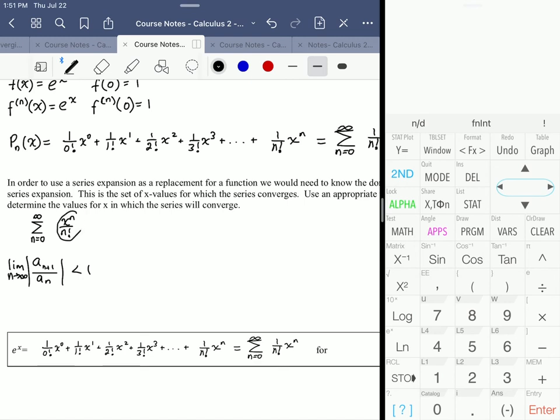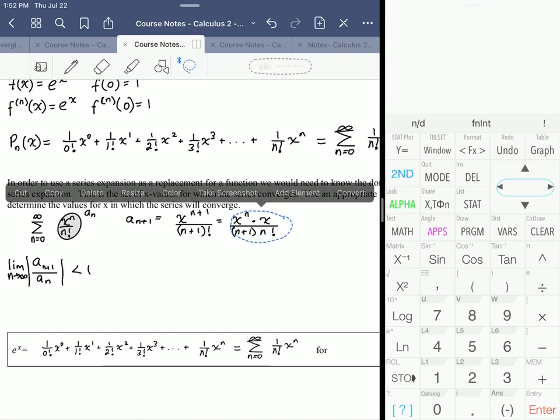All right, so let's get our a sub n. This whole thing is our a sub n. Let's get our a sub n plus 1. So x to the n plus 1 over n plus 1 factorial, which we learned previously we're going to rewrite as x to the nth times x over n plus 1 times n factorial.